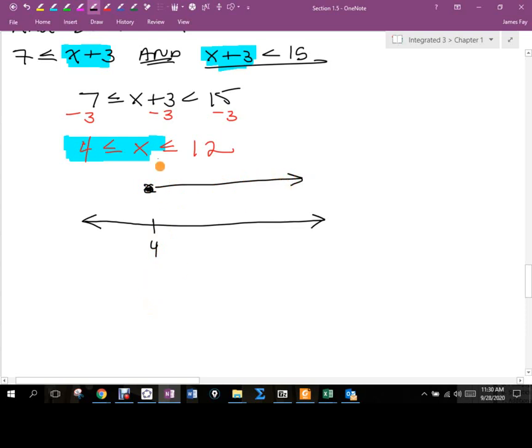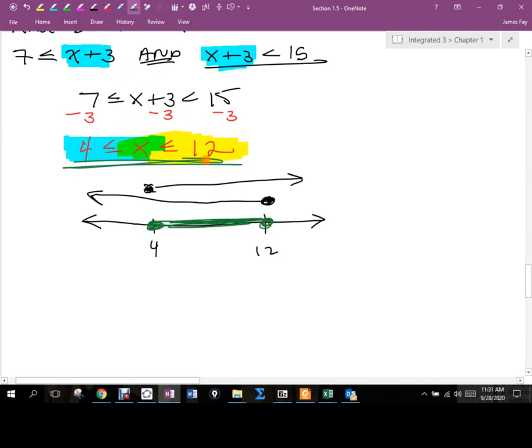Then you can graph this one: x is less than or equal to 12. So I find 12 and shade to the left. But the overlap is what we're looking for, because it's "and," so the overlap would be between 4 and 12.